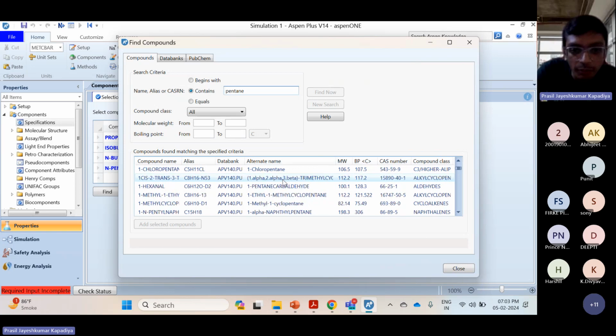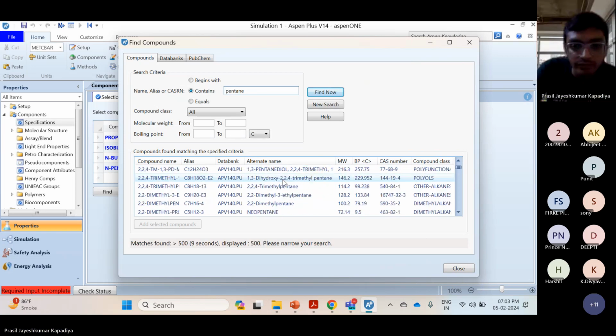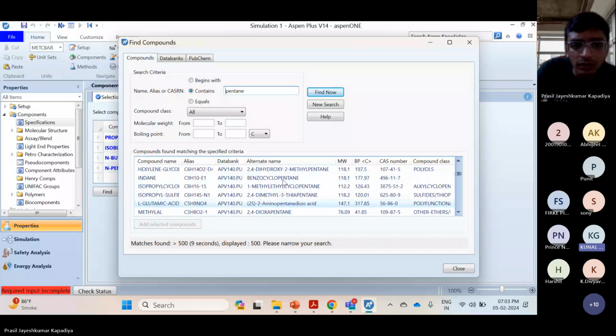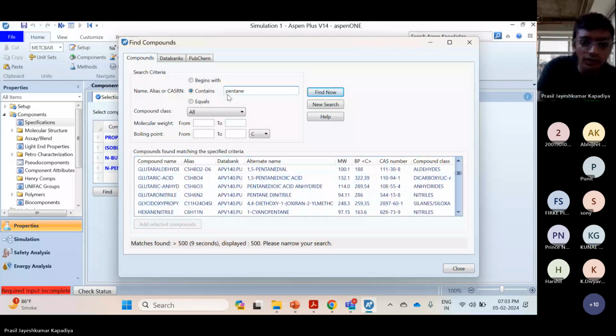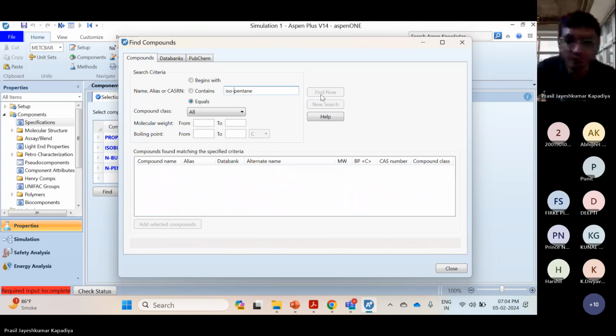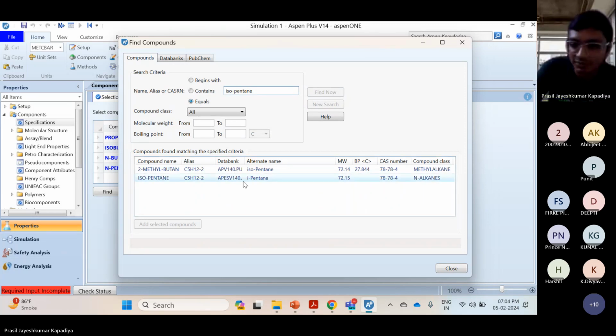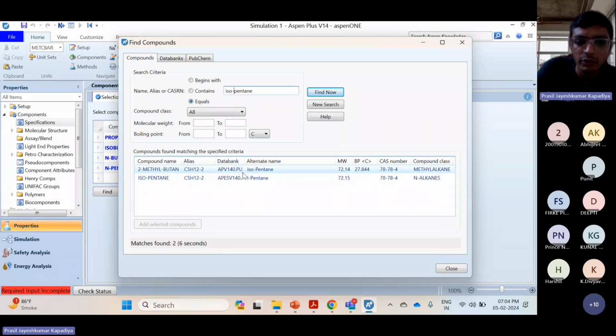If anyone is able to see, stop me. Put dash pentane and then search. It will come. Iso dash. Who was this? Abhijit, I guess. 2-methyl butane.